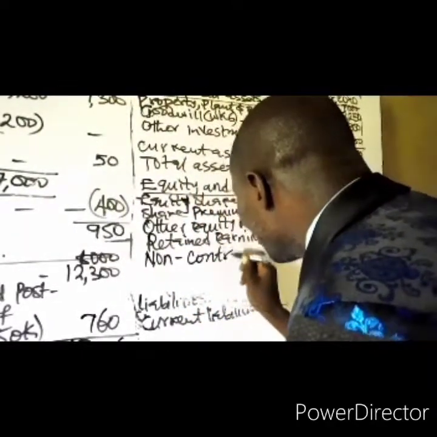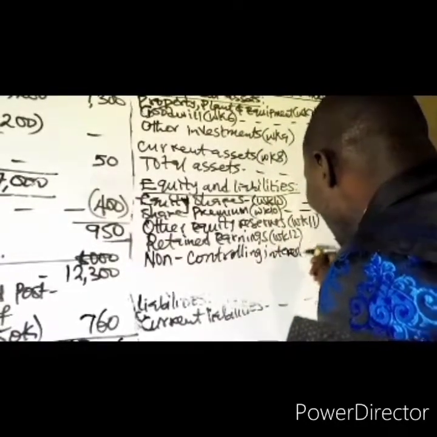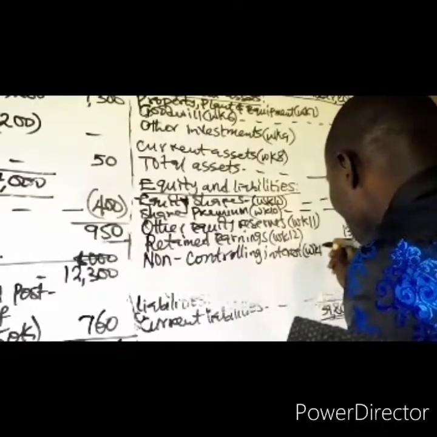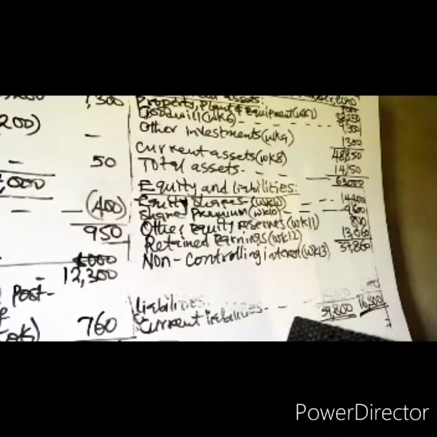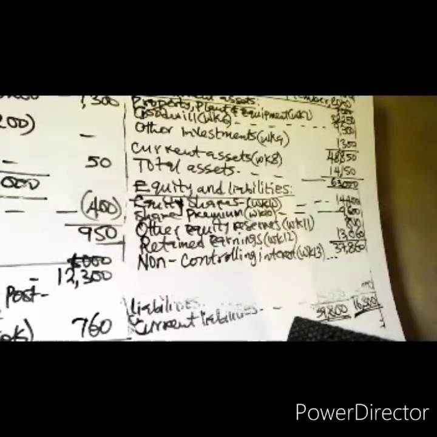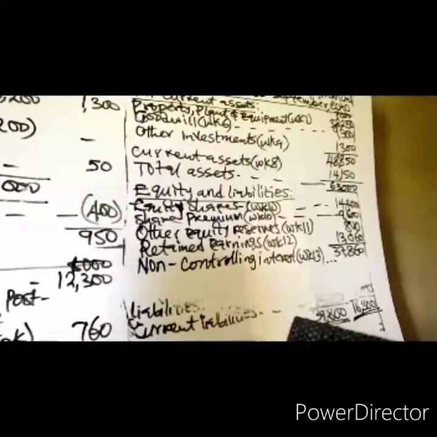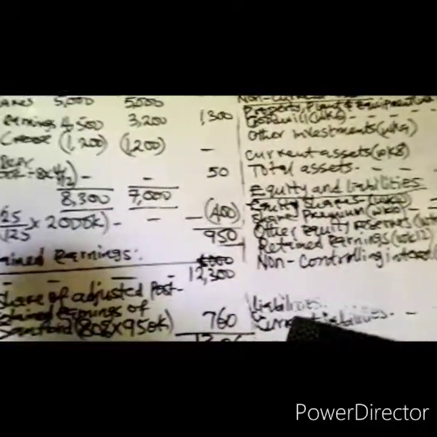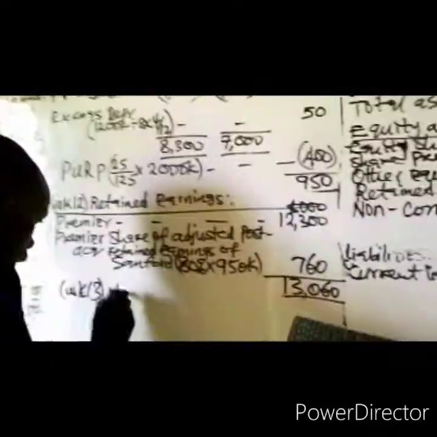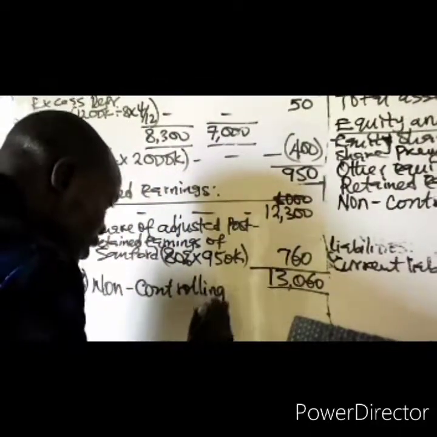Then to complete our equity, you have the non-controlling interest. NCI, let's have that to be working 13. Non-controlling interest. That is working 13, which is our non-controlling interest.